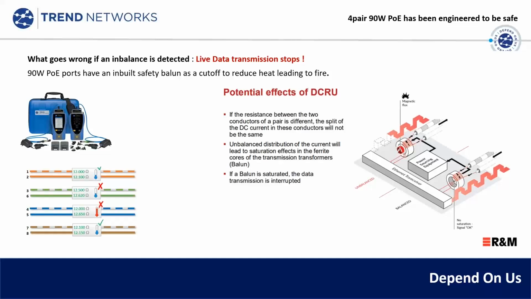Okay. So let's talk about what happens if you don't do it. What is this resistance unbalance and what goes wrong? Well, the good news is Power over Ethernet is a very, very stable system. It's fantastic. The engineers have done an amazing job with this. And inside the device, which will combine both power and data, or a power injector alone, is a balun. Now, if that balun senses any kind of imbalance, such as pair resistance, which could potentially lead to heat and fire, it just shuts off.